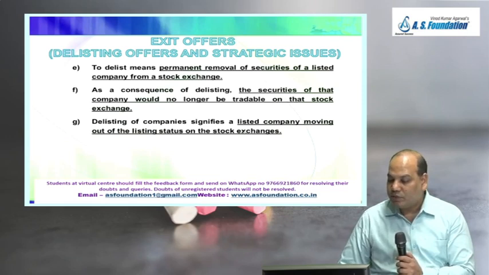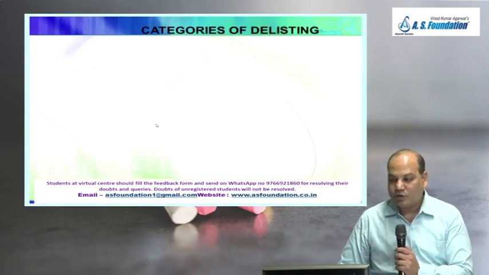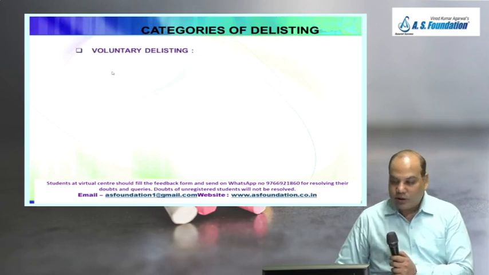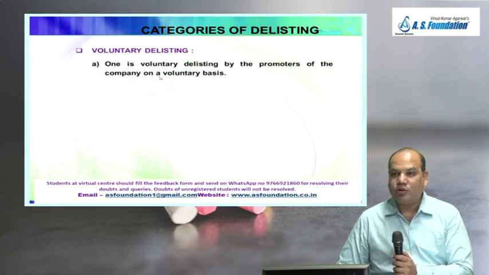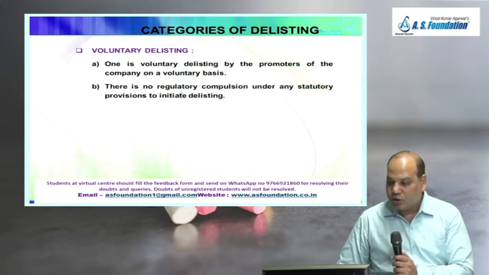Delisting of a company signifies a listed company moving out of listing status on the stock exchange. Categories of delisting: one is voluntary and second is mandatory. Voluntary means the promoters may decide to delist their shares voluntarily. There is no regulatory compulsion under any statutory provision to initiate delisting.